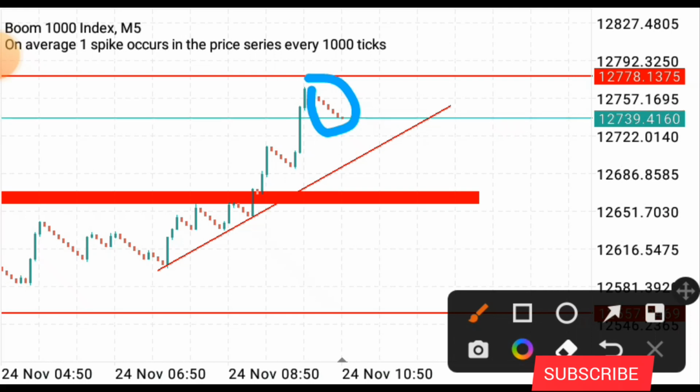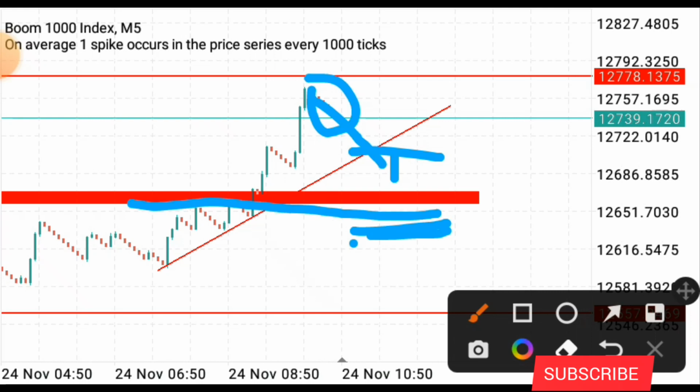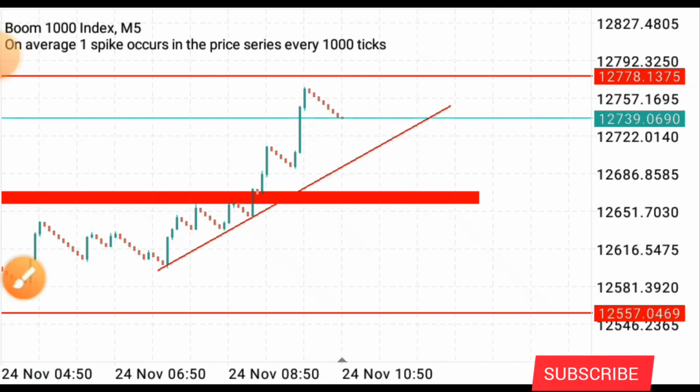So the trade I'm waiting for right now is that I'm waiting for it to get to this place, right? Maybe I can take the risk of buying from this zone, then my stop loss is going to be below this area, right? Because I can spot a support and resistance zone, so there's every possibility that a spike is going to happen from this area and then continue above, right?